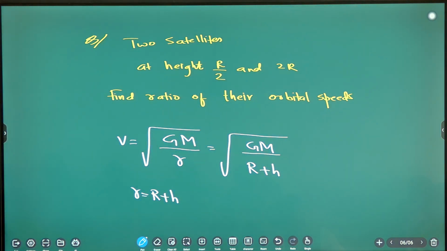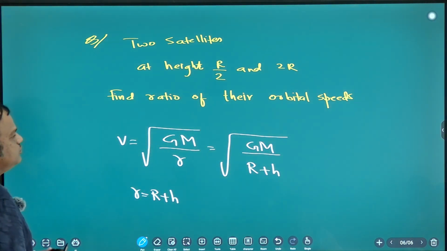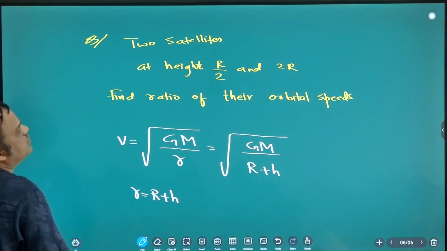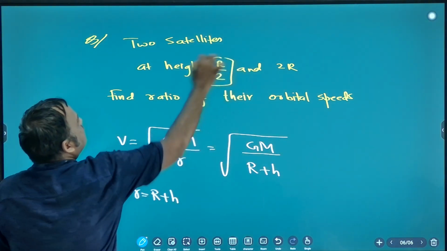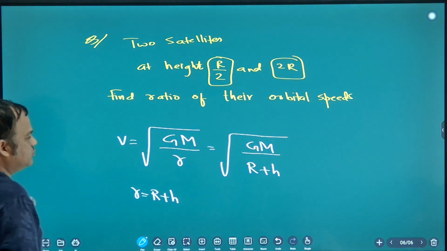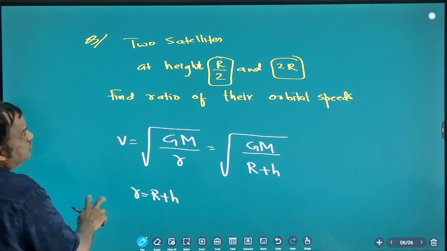Orbital speed. So two satellites: the first satellite's height is R by 2, the second satellite's height is 2R. Any answer?